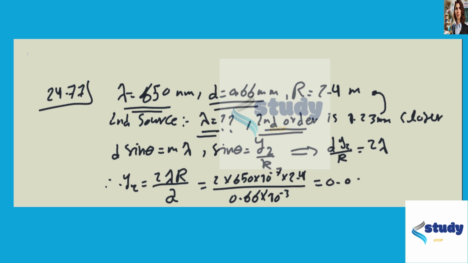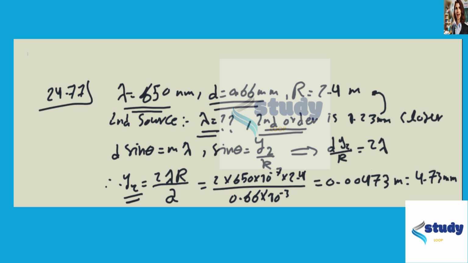And this will give us 0.00473 meters, which is 4.73 millimeters. So this is y2. Now we know for the second source, the second order was 1.23 millimeters closer.